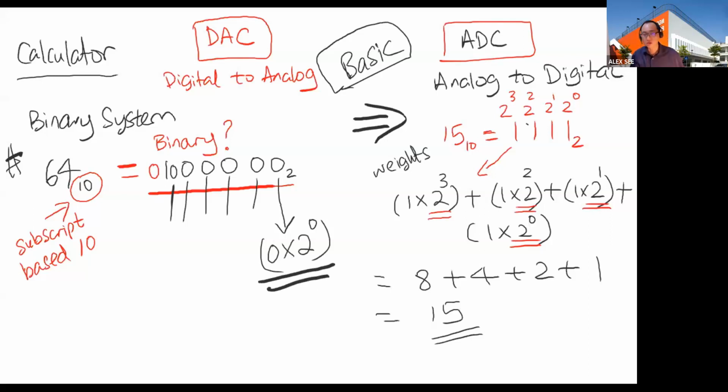Anything times 0 is 0 already, so I can safely ignore. So I'm only interested in those with the binary 1. For example, here, it's a binary 1. Because it's going to be 1 times 2 to the power of something. The weight. This is called the weight. Okay, the binary weight.